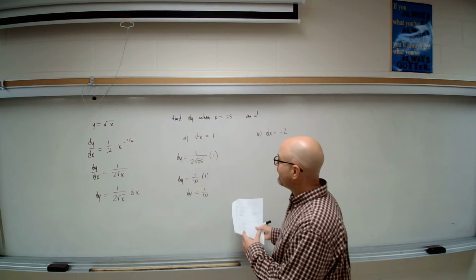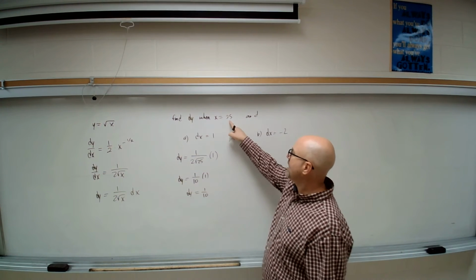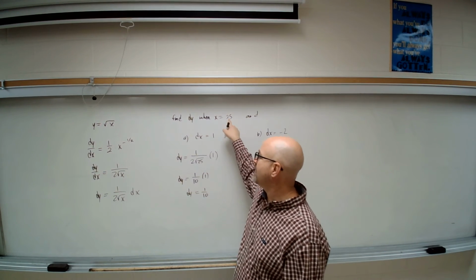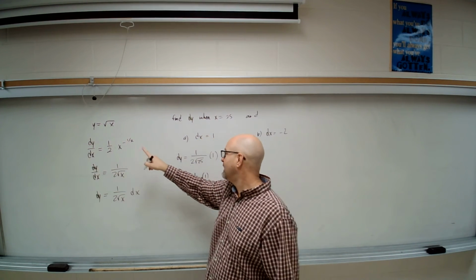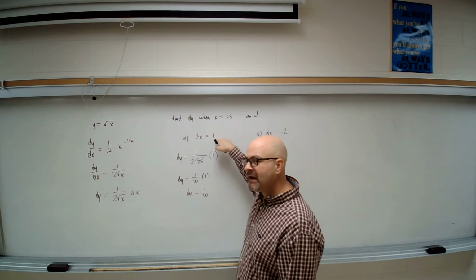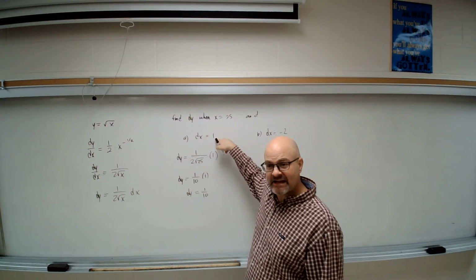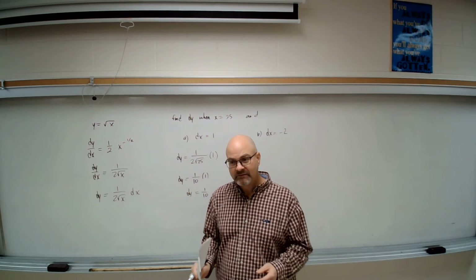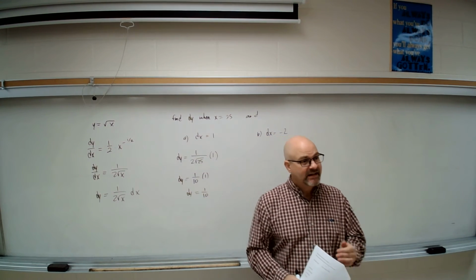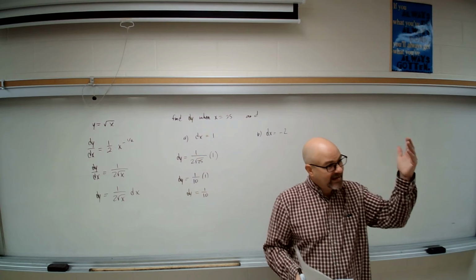What this means is we were at the point (25, 5), right? The square root of 25 was 5. It tells us if x gets 1 bigger, so now it's the square root of 26, the y value gets 1/10 bigger, roughly, right? It's still an approximation technique. It's still based upon the tangent line, right?